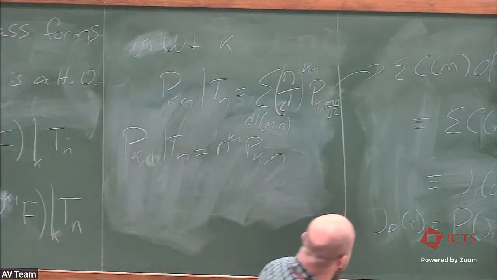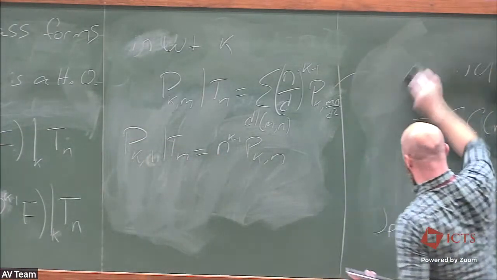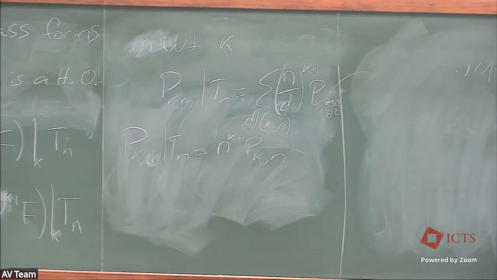On the negative weight side, the harmonic Maass form Poincare series, we get a very similar result.